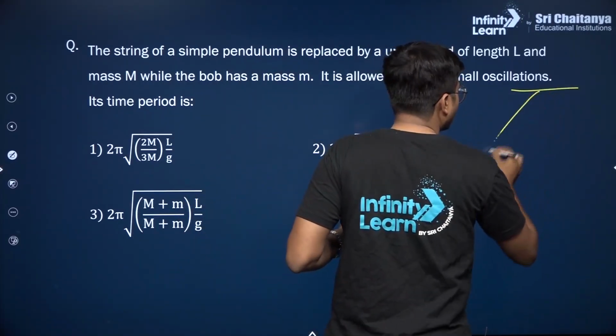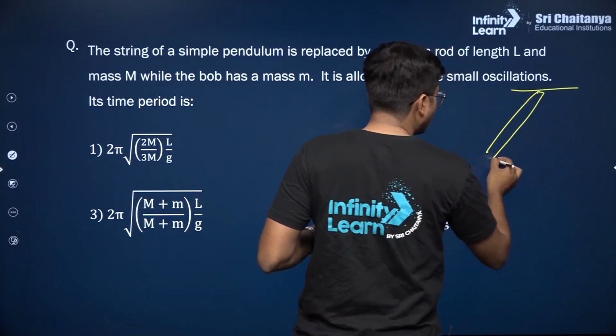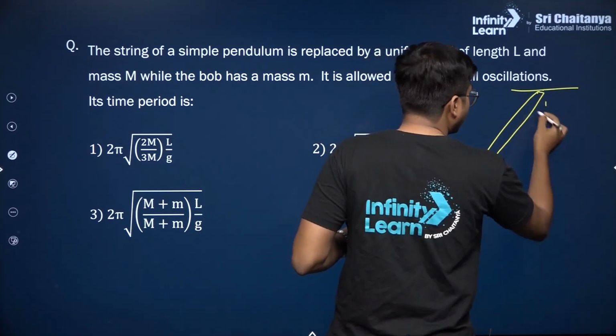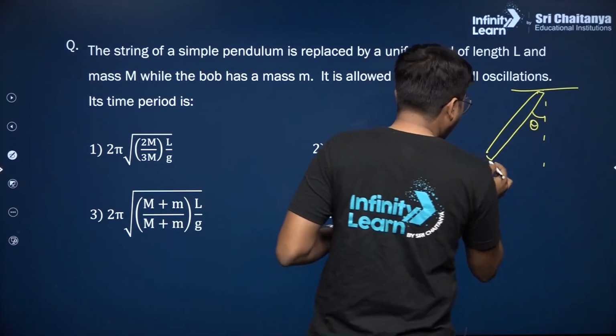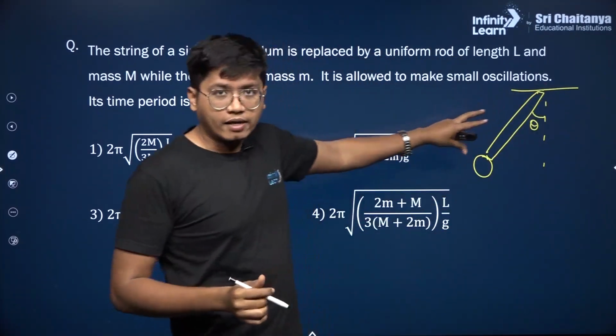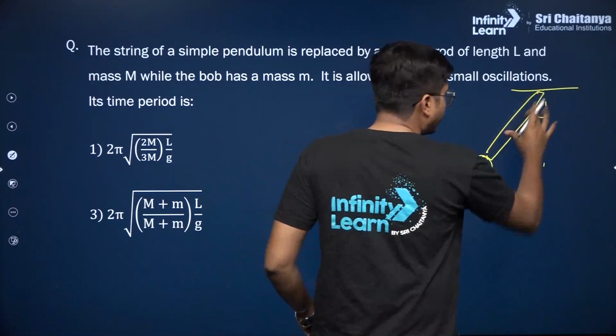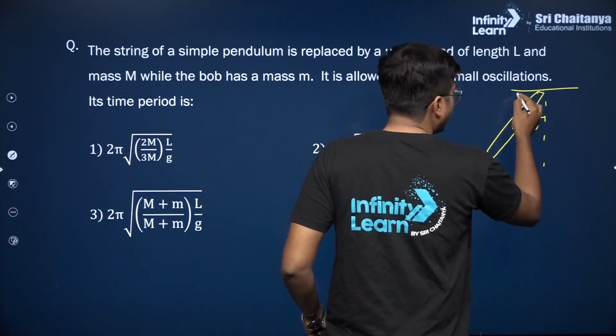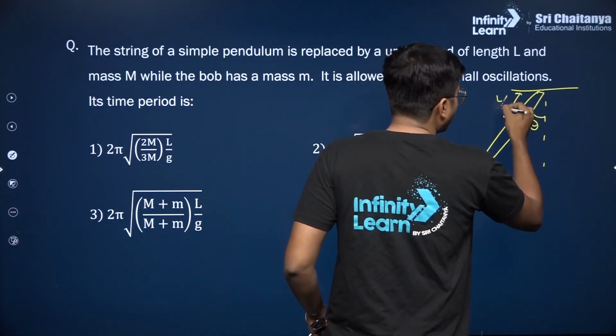You have the rod. Let's assume that the rod at any instant is at an angle theta over here, and at the end you have the mass. Now the length of the rod is capital L, which means the center of mass of this rod would be somewhere around here, at a distance L by 2.